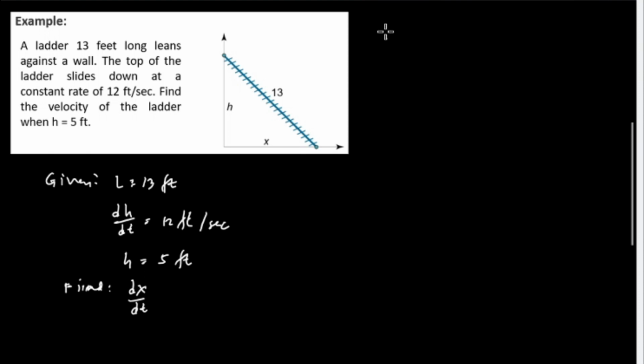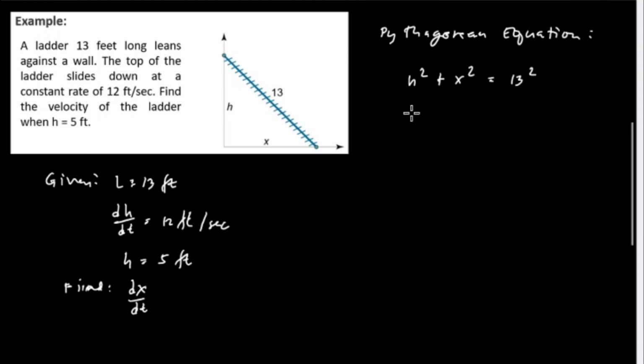Using the Pythagorean equation, we have h squared plus x squared is equal to 13 squared.